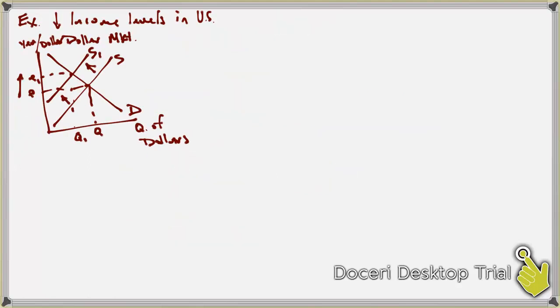Okay. I'm skipping down to number 5 now. Okay? Number 5, let's say that the dollar appreciates. Anytime a currency appreciates, we need to know how that's going to influence trade.